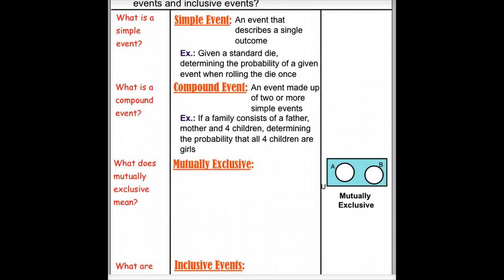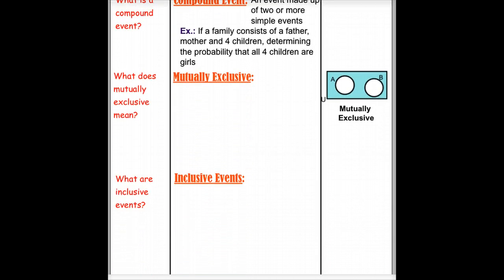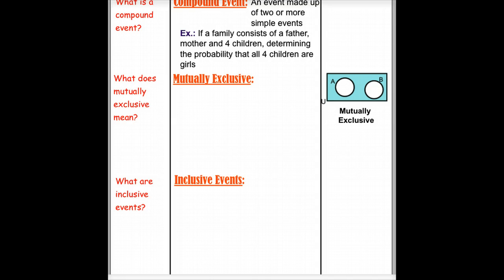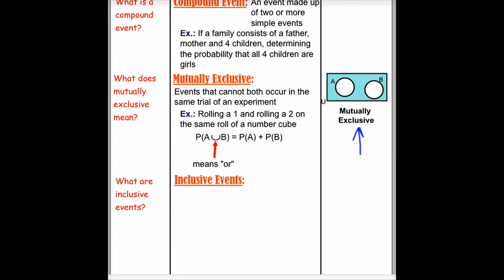Now, when we're talking about compound events, we need to understand the difference between mutually exclusive and inclusive events. When we talked about Venn diagrams, we talked about how mutually exclusive looks like this Venn diagram, which simply means that we have 2 events that cannot both occur in the same trial of an experiment. For example, rolling a 1 and rolling a 2 on the same roll of the same number cube.